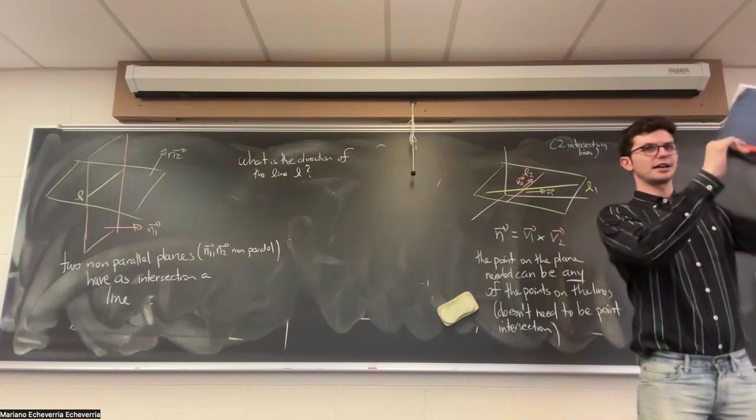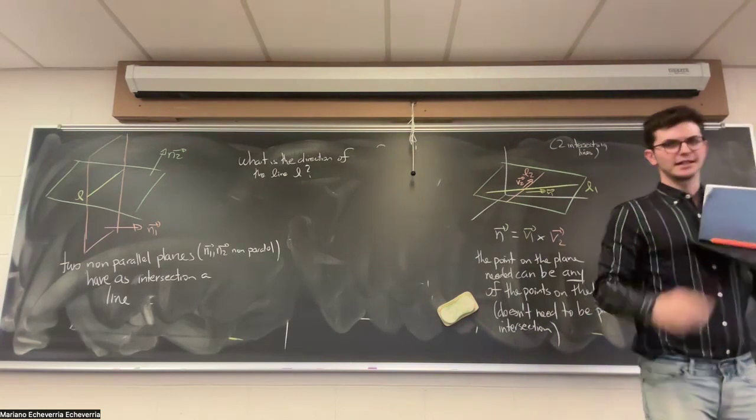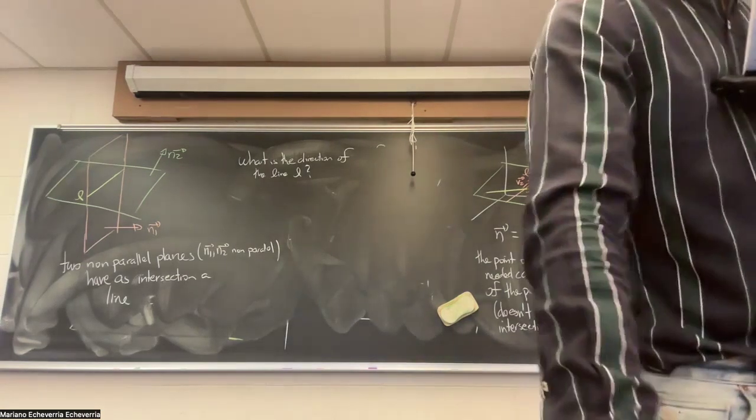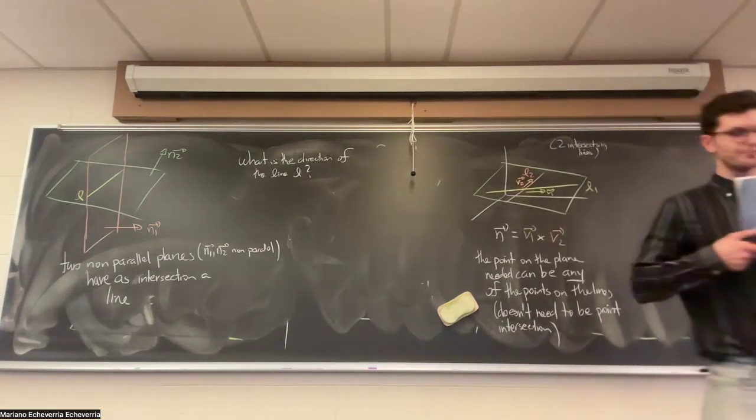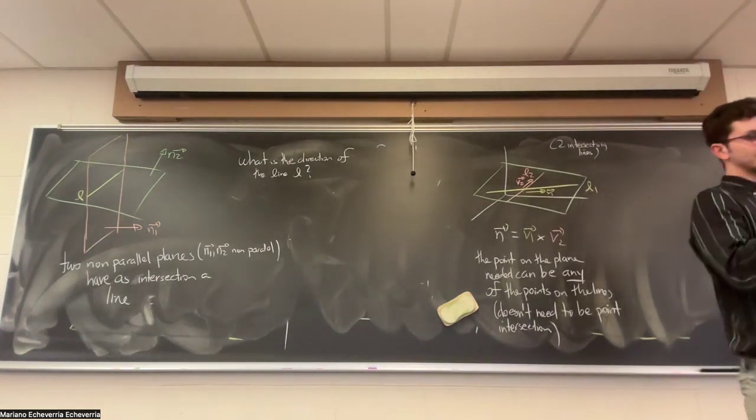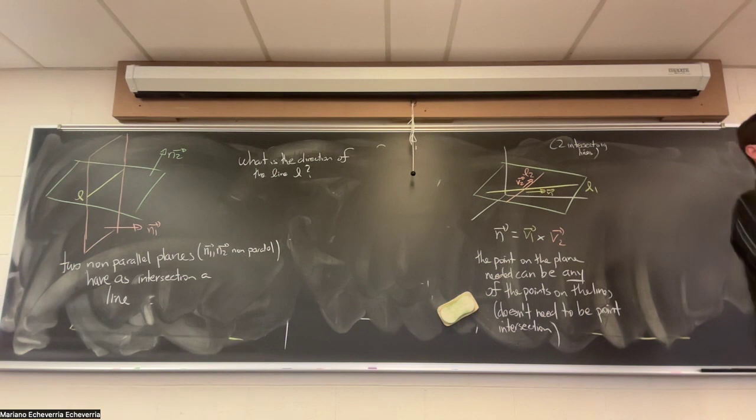So this is the line of intersection. What can we say about this line? Let's say this is a normal vector to the blue plane. What is the angle between this normal vector and the line? 90 degrees, right? Because the line belongs to the blue plane, so it should be perpendicular to the normal vector.